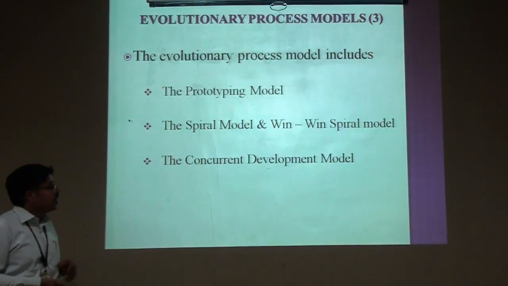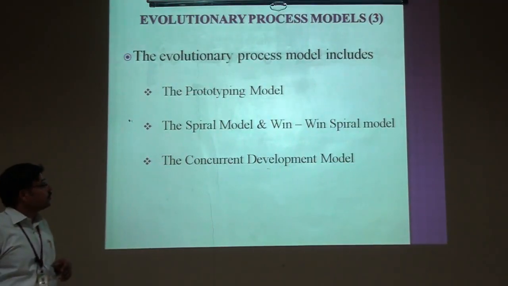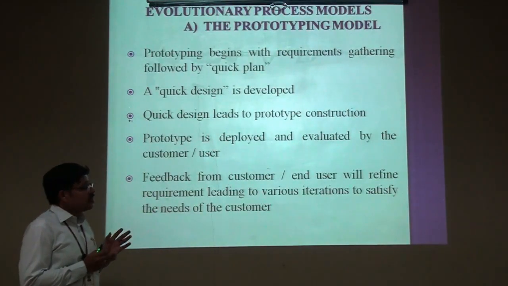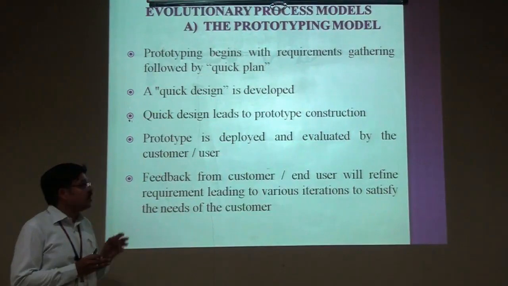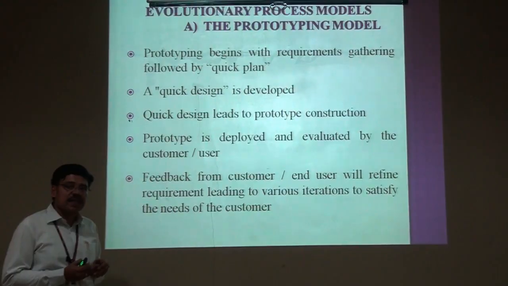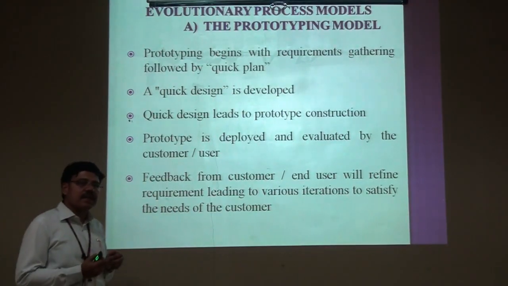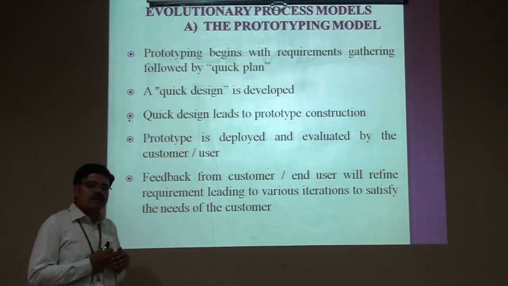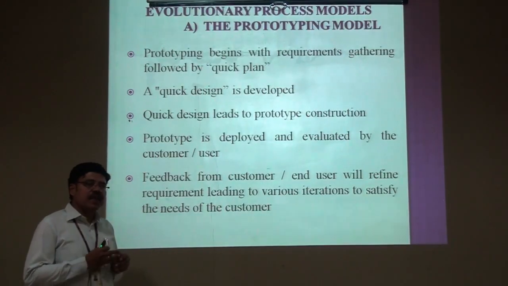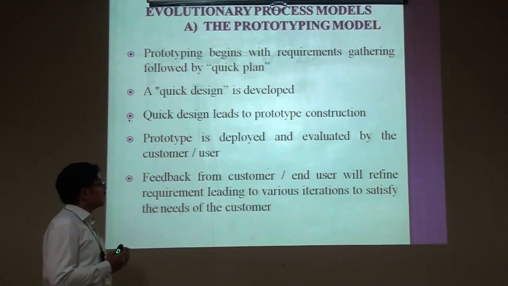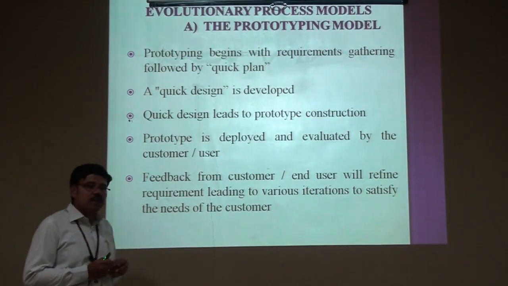The first one we can discuss is the prototyping model. The prototyping model starts with the communication phase. It includes the requirements gathering in the communication phase. All the requirements will be gathered there. We will be prioritizing and analyzing all the requirements, and then we will be moving on to the design phase. Here we will be applying a quick plan, and a quick design is carried out in the prototyping process. The quick design leads to the prototype construction.